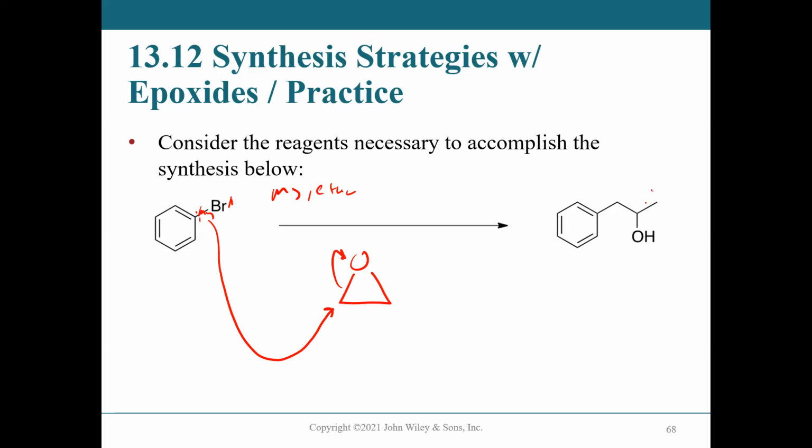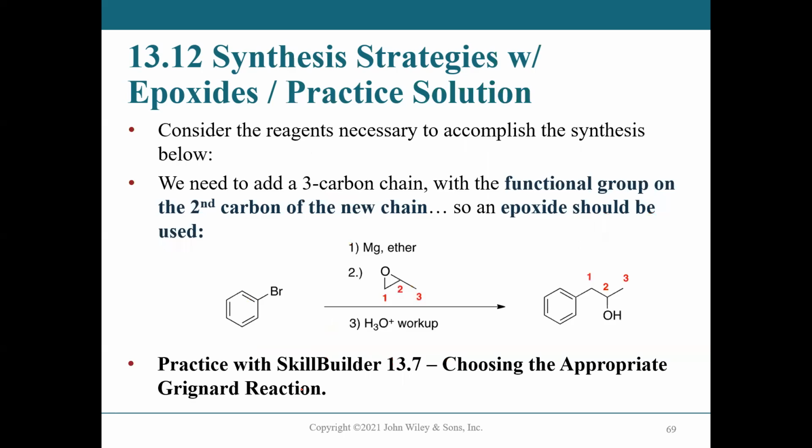But then we're missing this right here, right? This is missing here. So we'll just add this right here, and we have our compounds, and then there'll be some type of protonation. And I just show that right here.